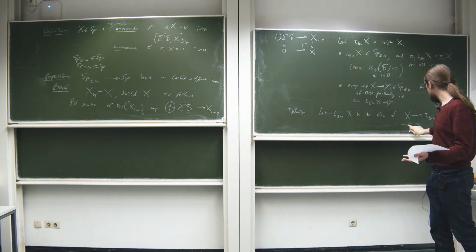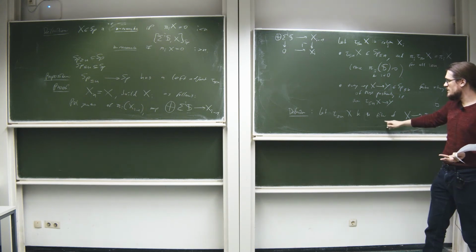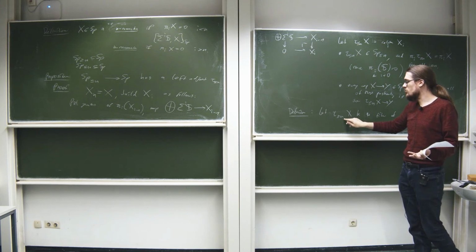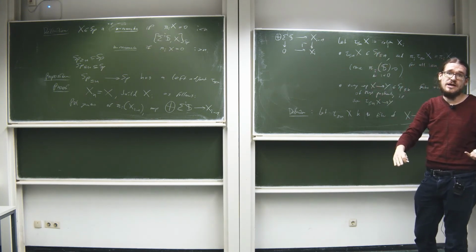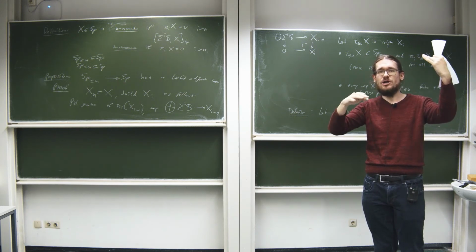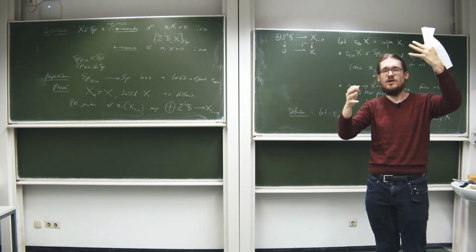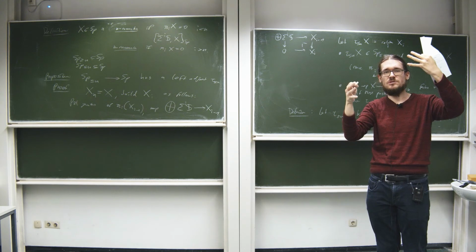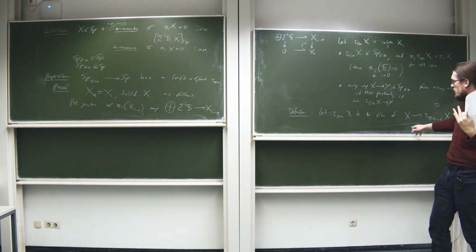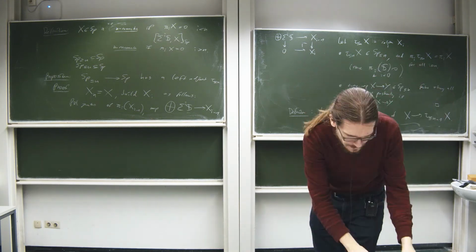And from the fiber sequence here, we see that tau bigger equal n really just kills all homotopy groups of degree smaller n and leaves the rest unchanged. So we can kind of cut a spectrum apart into spectra with these homotopy groups, here in degrees smaller n and here in degrees bigger or equal n.